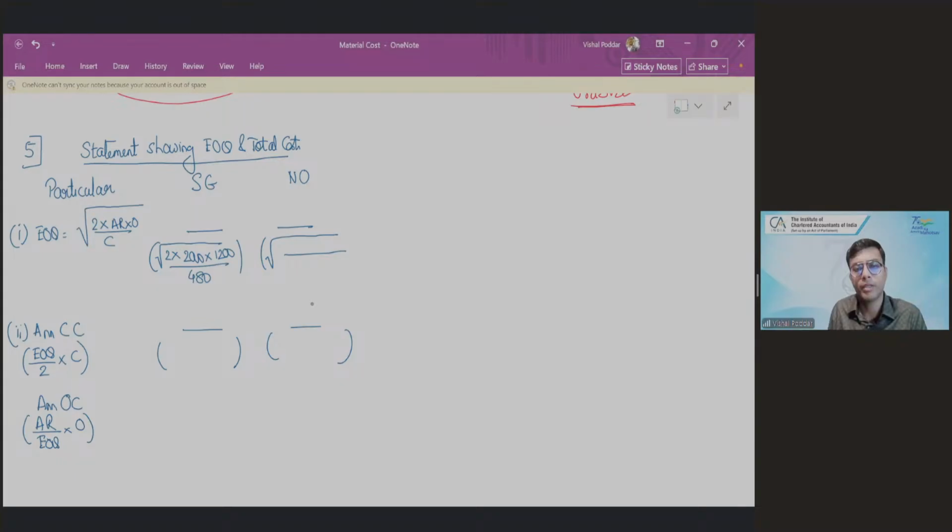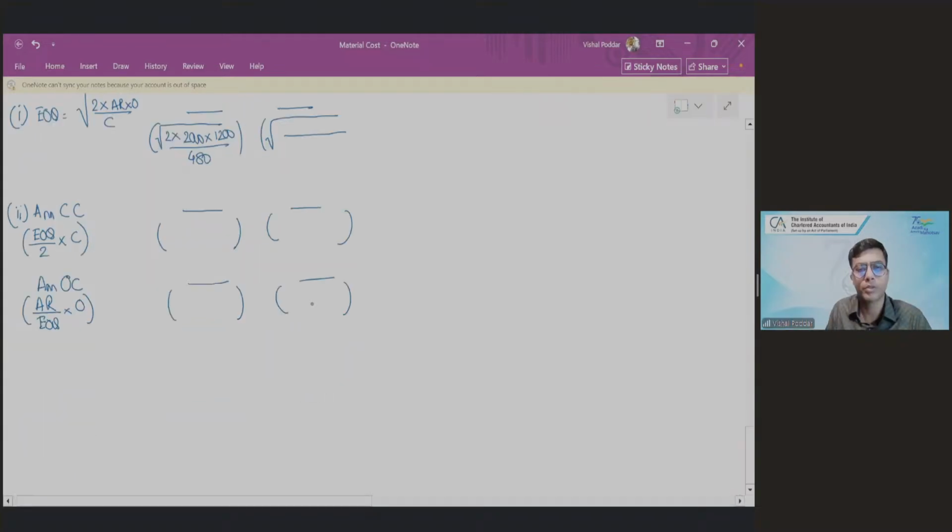And they've asked you to even give the total of this. So total, which will be in rupees. And then third question is something which is number of deliveries. You have to give me the formula, students, and the answers.